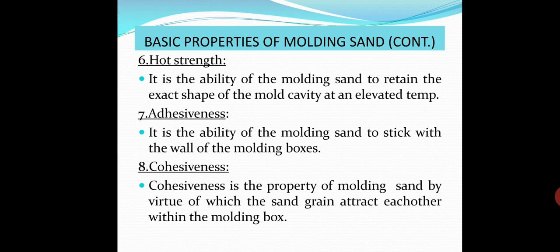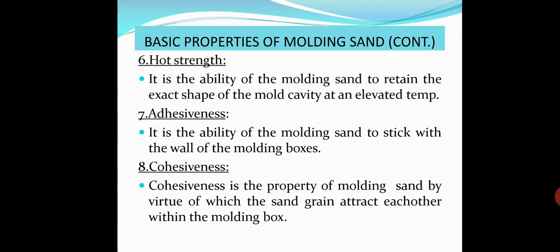Next is adhesiveness. Adhesiveness is the ability to stick to another surface. This is the force of attraction between two different surfaces. In this case, it is the force between the mold box and mold sand.